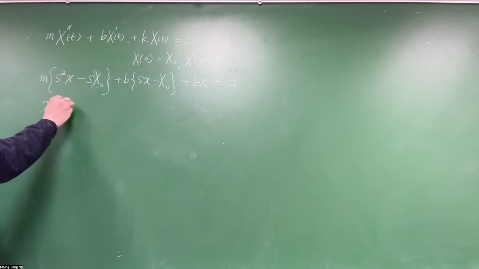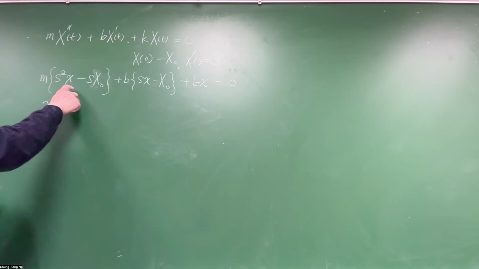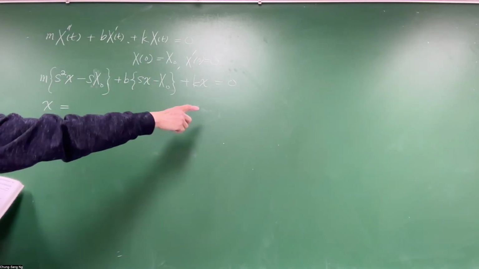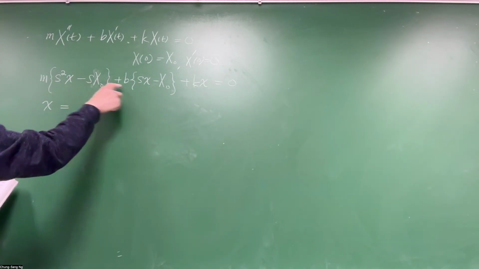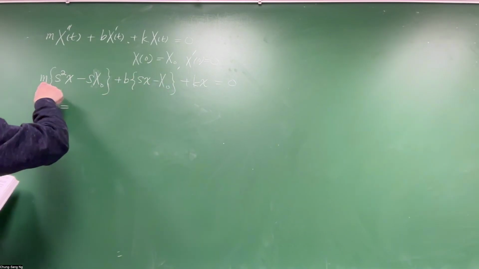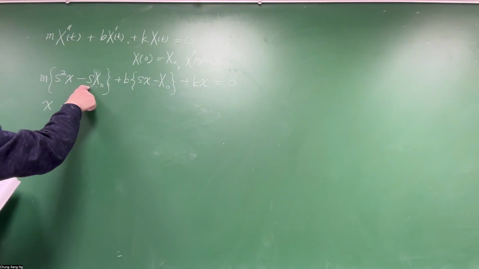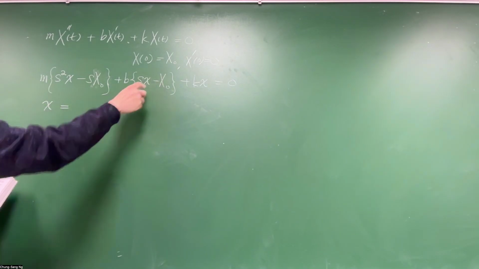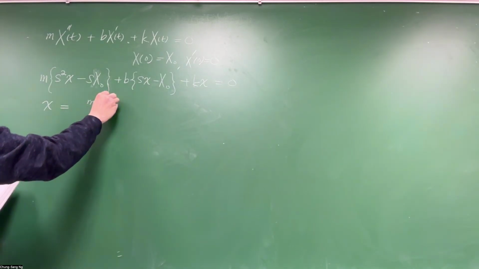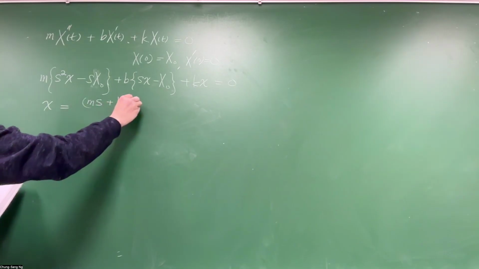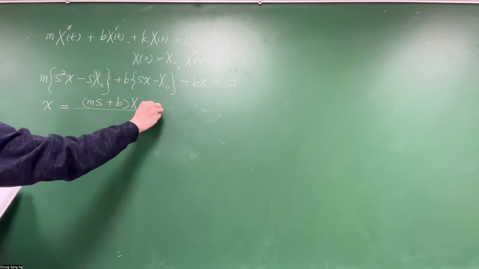Put everything that does not depend on x onto the other side. The terms with m and b both depend on x of 0, so it's m s plus b, times x of 0.